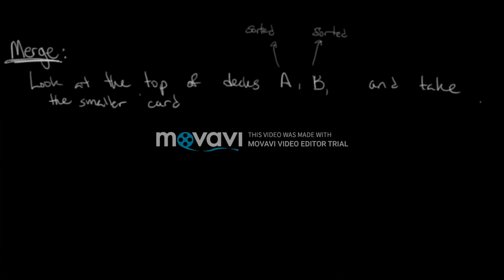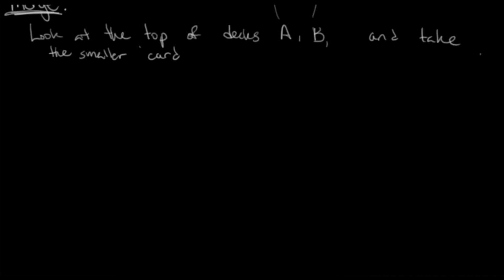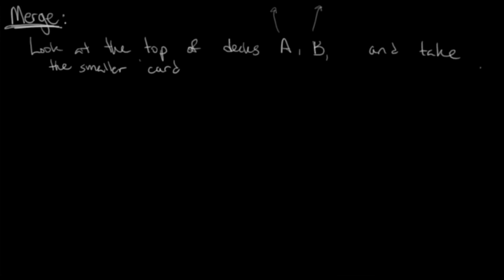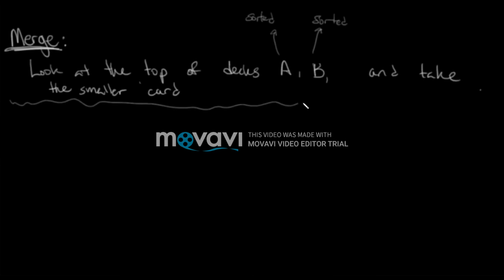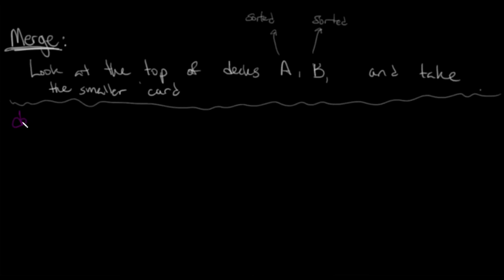So I wanted to run through the pseudocode of this, not go too much into detail, but write out what the code would look like. I'm going to use a combination of some Python notation. I'm going to use the keyword def to define a method called merge.